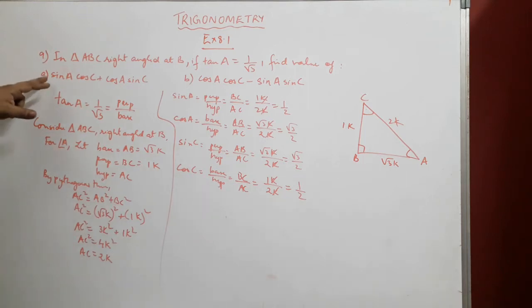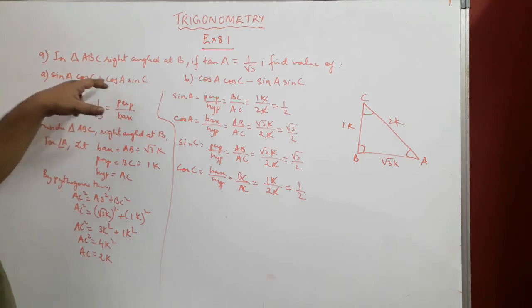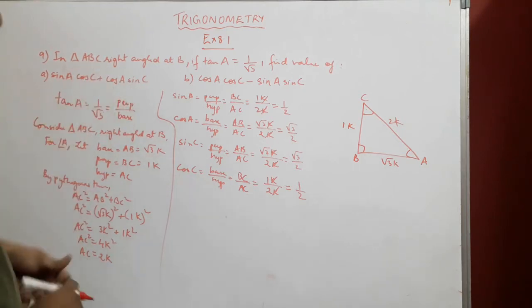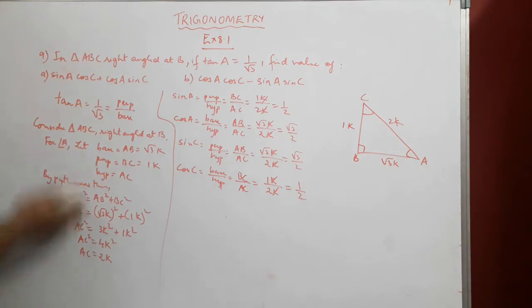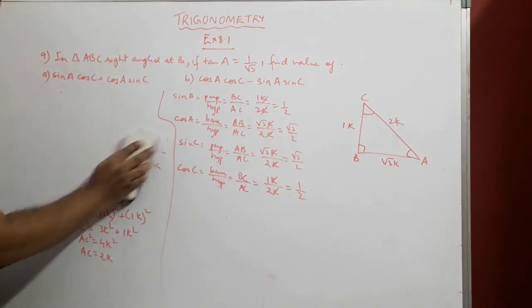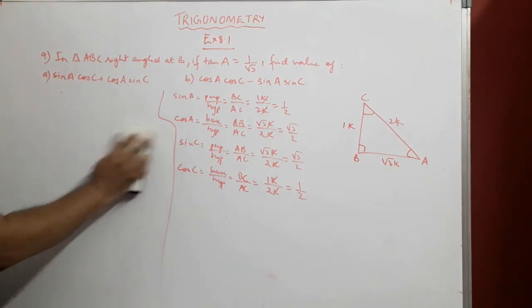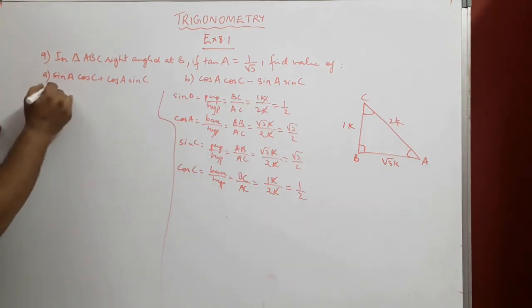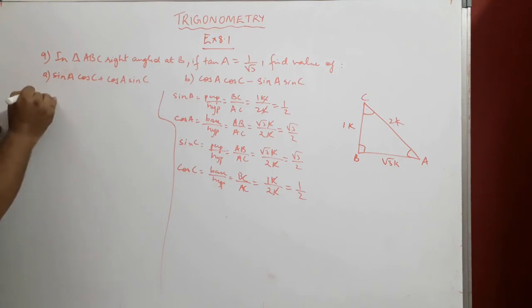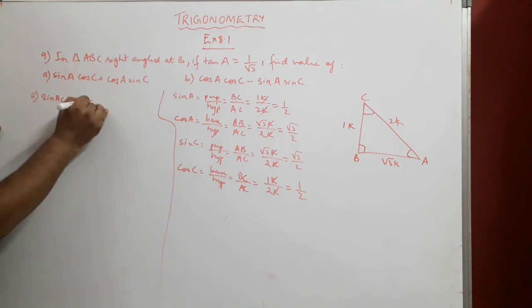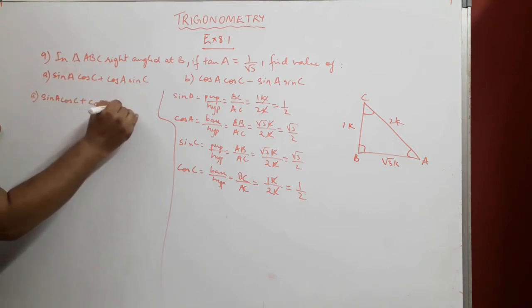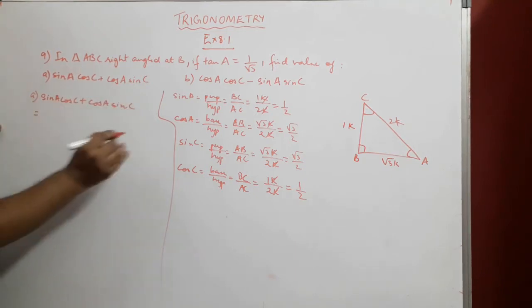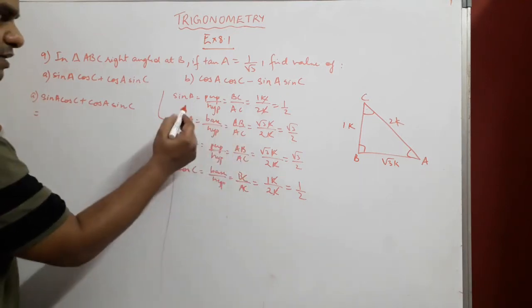Now we'll find out the values of sin A cos C plus cos A sin C first. For that, I'll erase this part. So over here I'll rewrite this: sin A cos C plus cos A sin C equal to, what is sin A? Sin A is half.